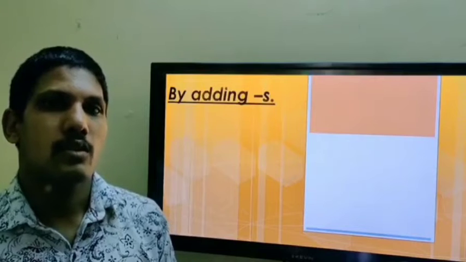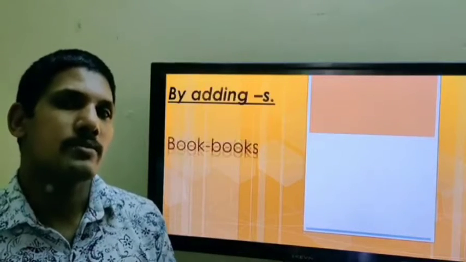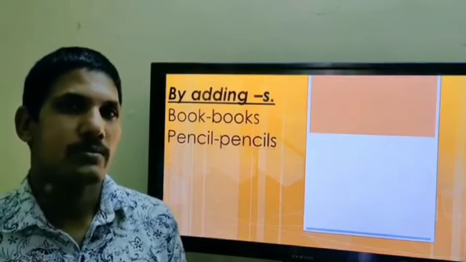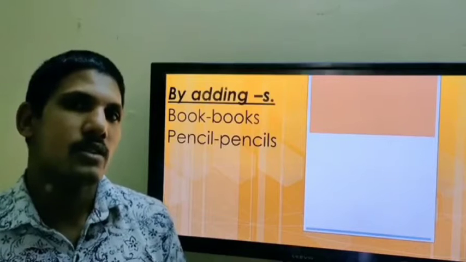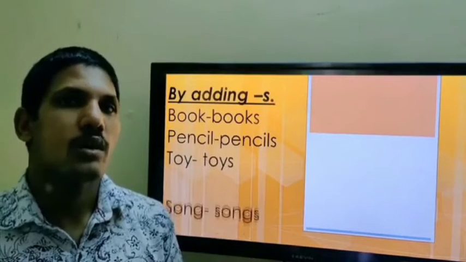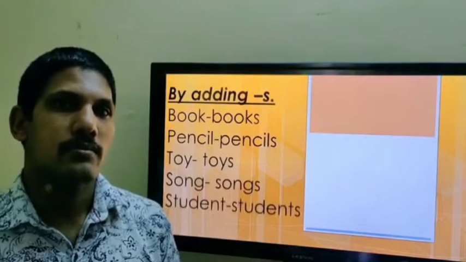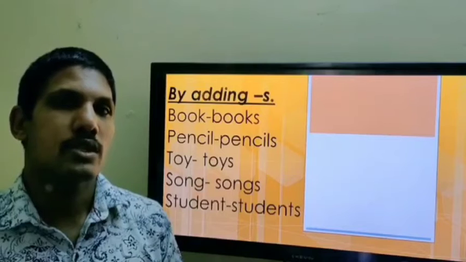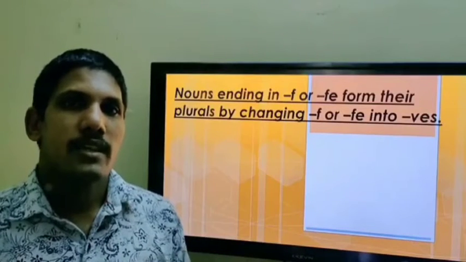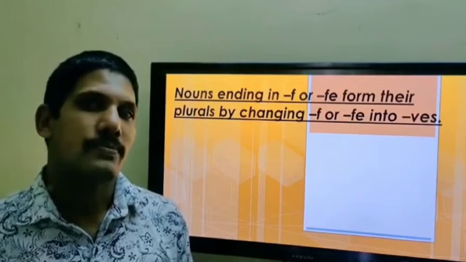Like here we have book, which becomes books, pencil, which becomes pencils, toy becomes toys, song becomes songs, and student becomes students.